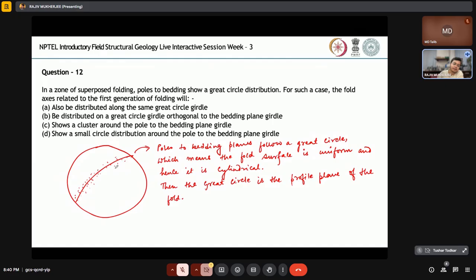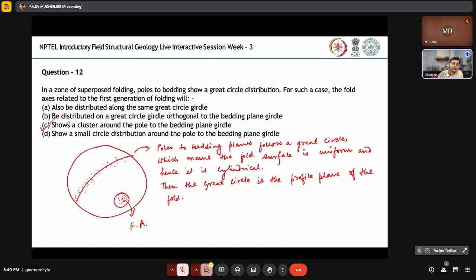And if this is the profile plane of the fold, that means the pole to the profile plane would automatically be a region where the fold axis will be expressed, right? So this is the fold axis. Now, since there are a lot of points on the bedding plane, taking an average of the data, we will find a cluster, which is the pole to this great circle.